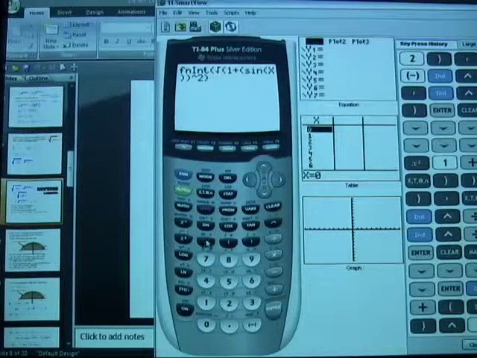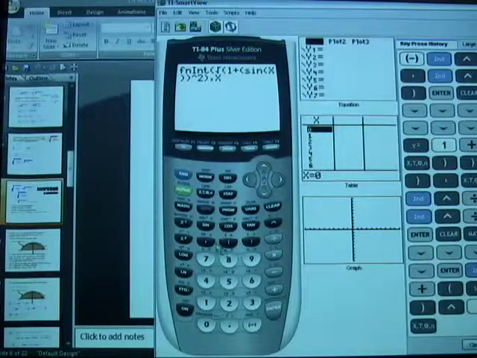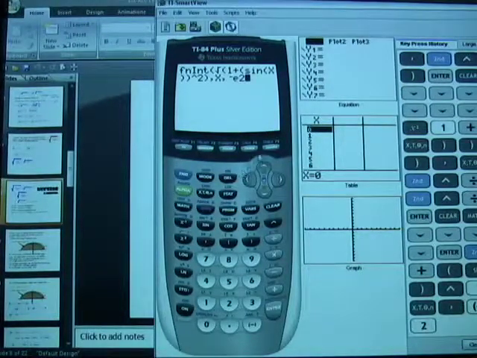We have to integrate it with respect to x. Look at the way I do it: comma, x, comma, what's the lower limit? Negative, the negative sign is at the bottom. Negative pi by 2. No, I didn't get that right, so I've got to go back and say negative pi divided by 2.